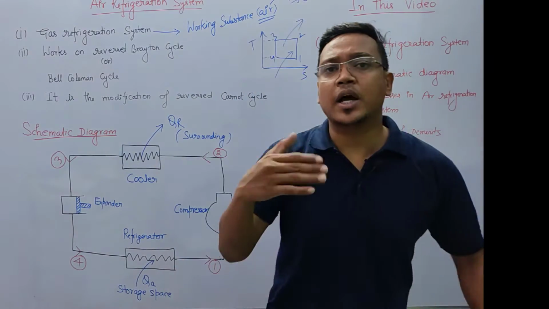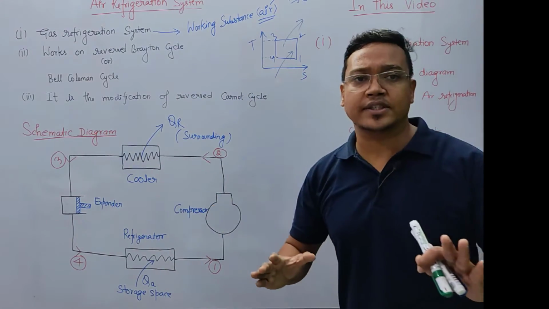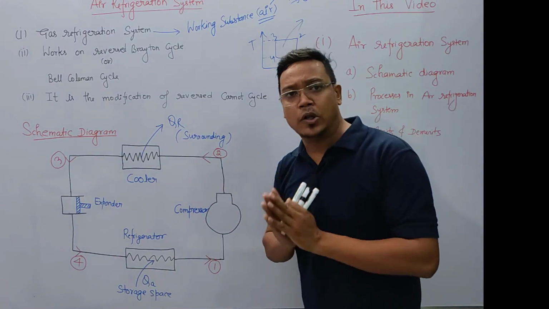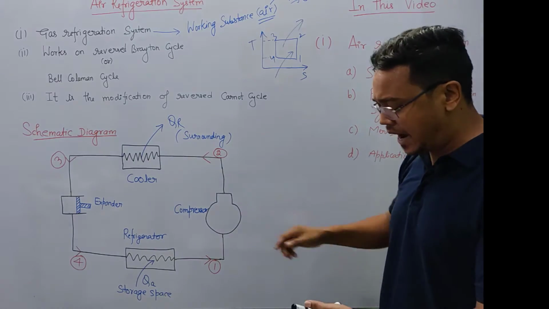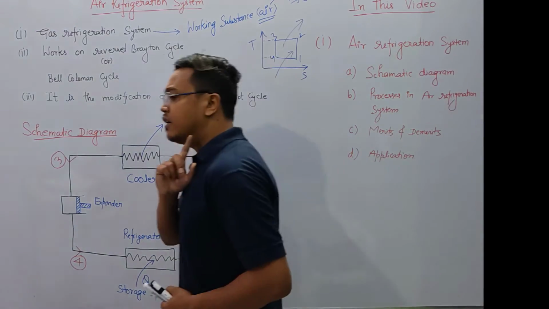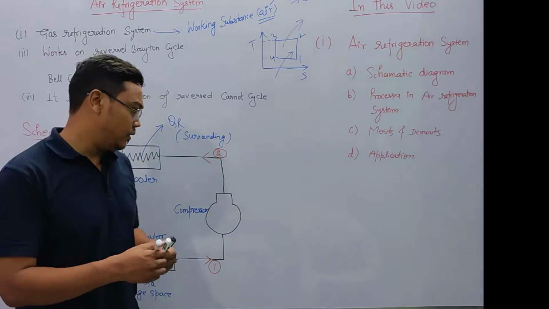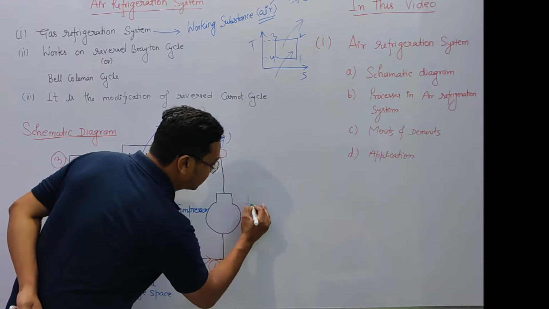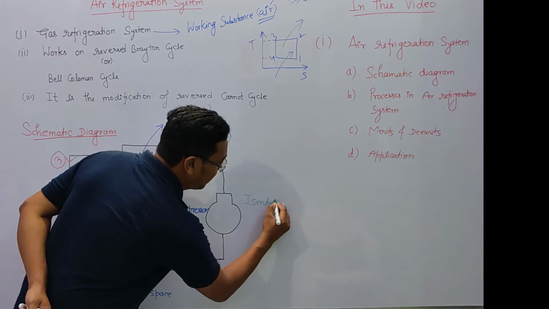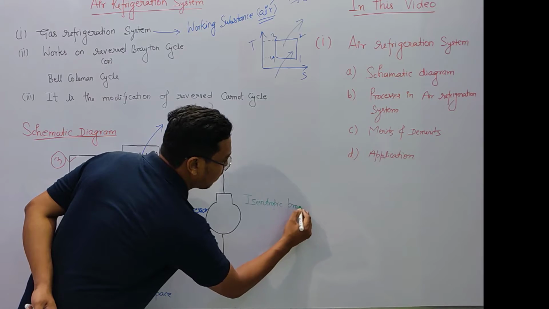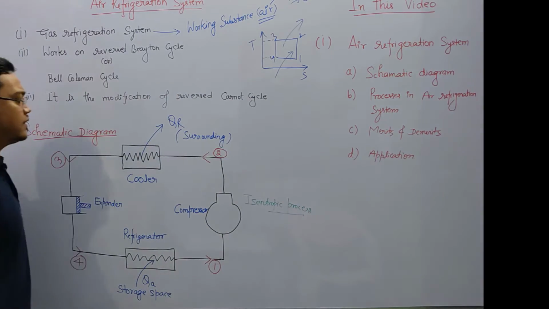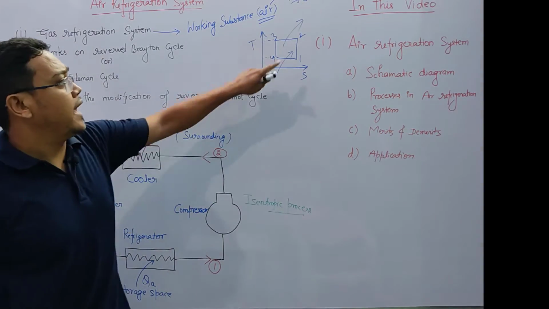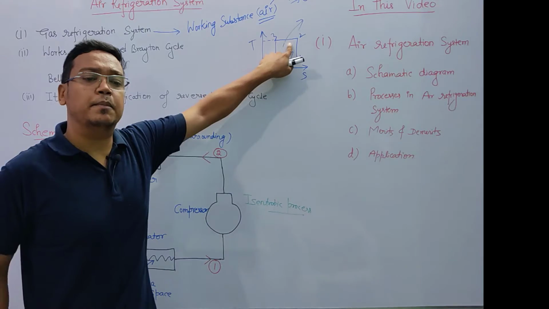Okay friends, this is the schematic diagram. Now, what are the processes in reverse Brayton cycle? I will write here, but you will see on TS and PV diagram also. Okay, in compressor the process is reversible adiabatic process or isentropic process. Okay friends, in reverse Carnot cycle, heat transfer was taking place at constant temperature.